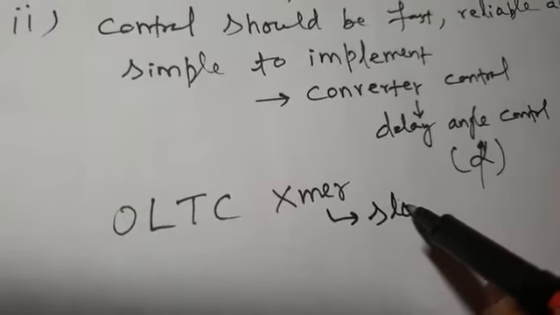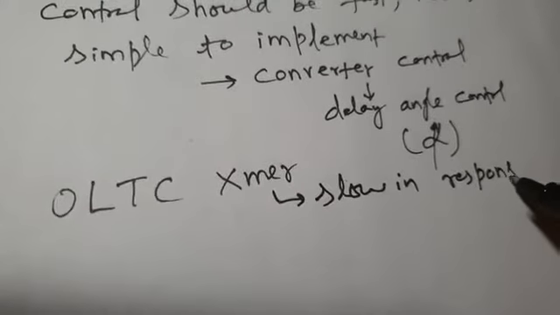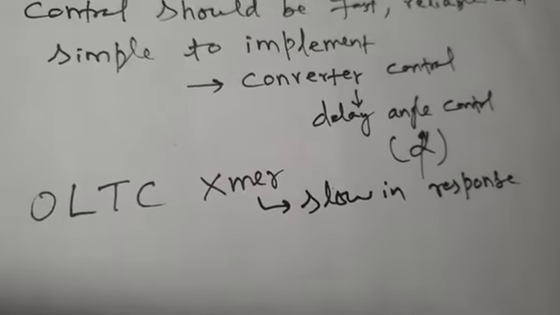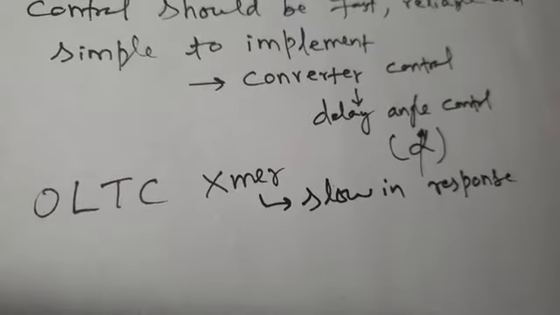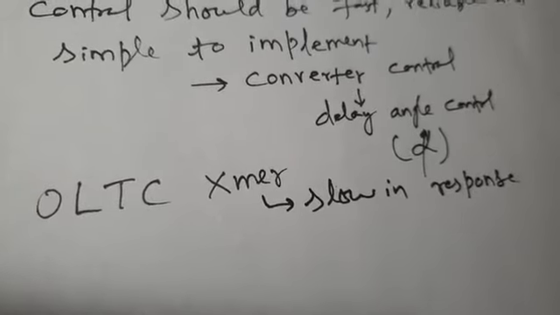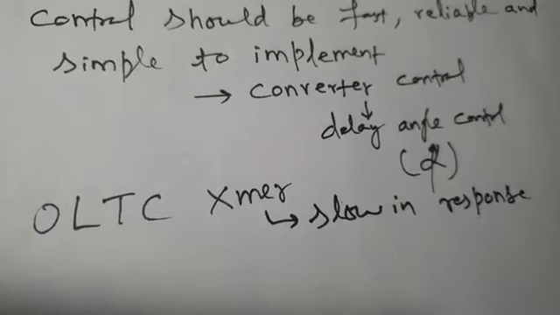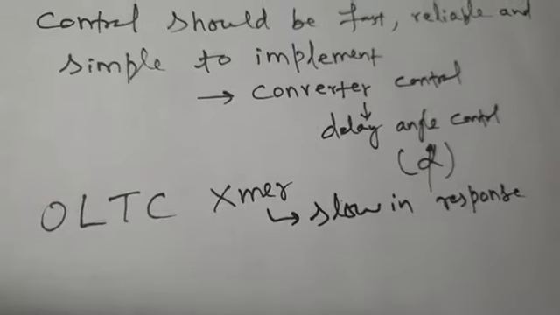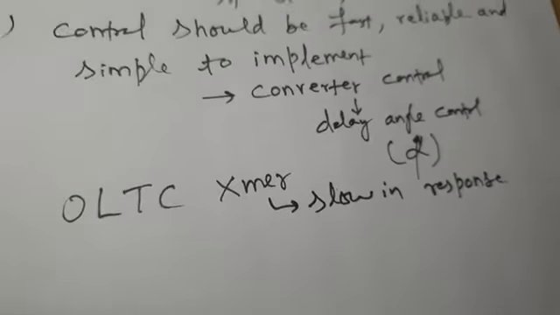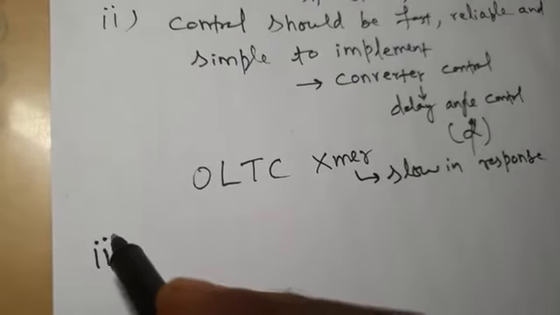Therefore, your delay angle control is very fast and it operates before your OLTC transformer operates. So the electronic converter control by alpha control is very fast and very simple to implement. This is the other desirable feature of your controller.